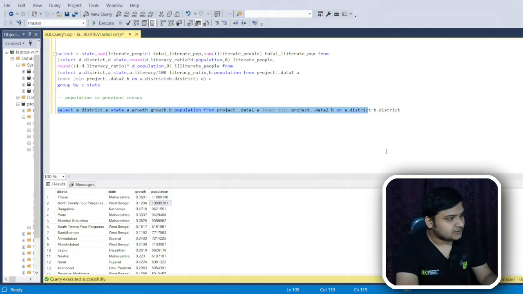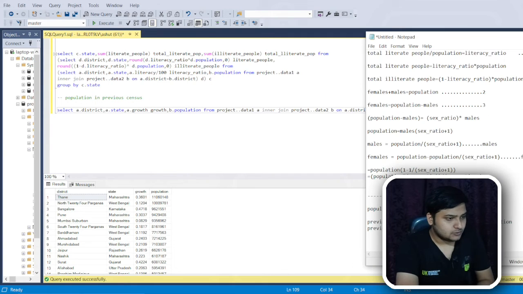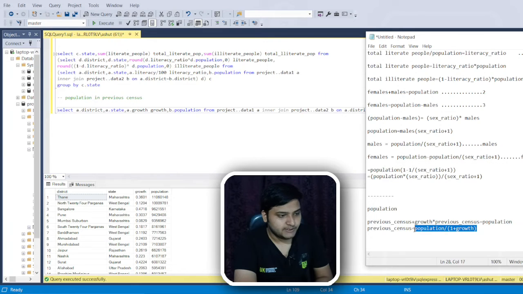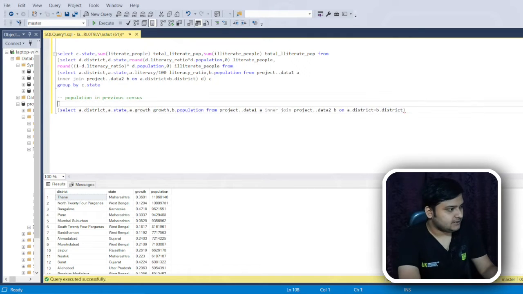So let us run the query and see what we are getting here. You can see our growth is in terms of decimal numbers, and that is quite okay. To get the previous census data, we'll be using this formula: population divided by 1 plus growth. Just use this as the subquery.